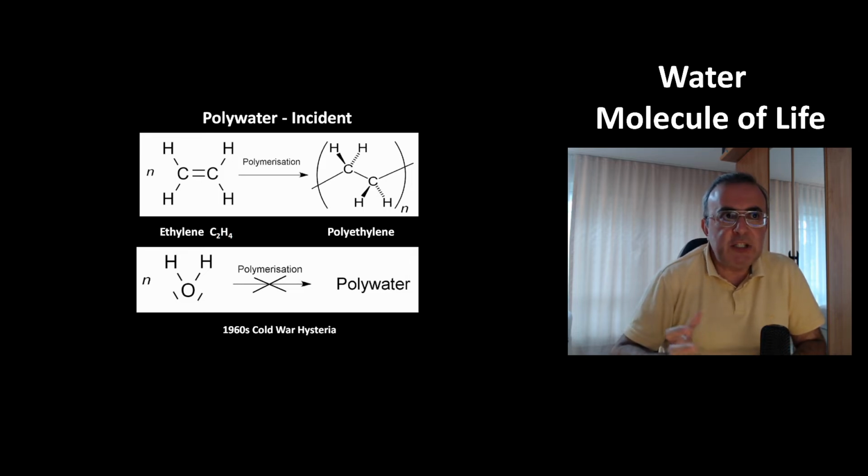So the polymerization of ethylene is an exothermic reaction. You actually need cooling to control this reaction. But Polywater does not exist, and there's a lesson to be learned here, and that is: don't let crazy propaganda poison your mind. That's very important.